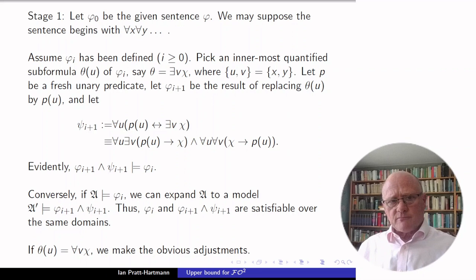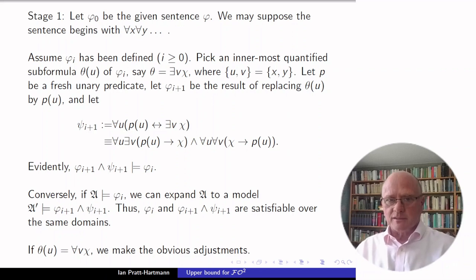Now, why have I done that? Well, if you have a look at psi I plus 1, it has the form for all u there exists v and then something quantifier free, and for all u for all v and then something quantifier free. So it's looking rather close to the normal form formula that we want to produce.